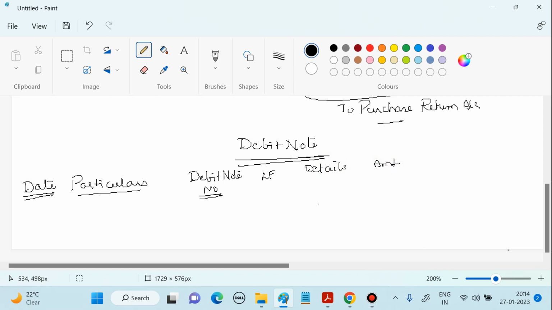In the details you would write the individual items, total, subtract, all that you would do. And we'll have the final total, and the amount that is given will be written in the outer column. So this is how a purchase return book format would look. Clear? Yes, ma'am.